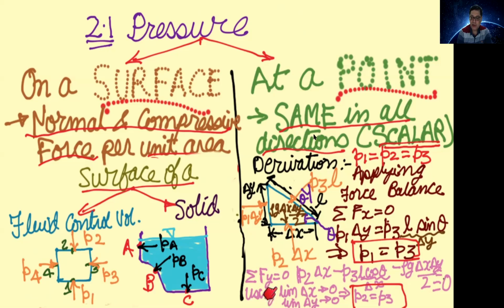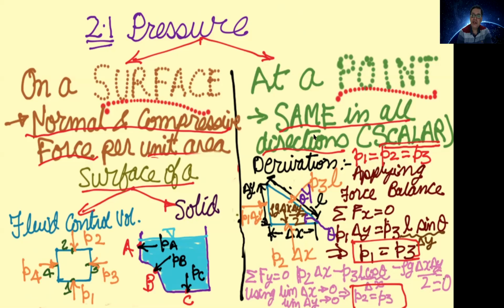Note that when you apply sigma Fy equals 0, you have to take the vertical component. So this will be P3 into L cos theta, and the gravitational force will also appear. This is the pressure vertically upward, this is downward, and this is the gravity force which acts downward. And when you apply delta x, delta y tends to 0, you get P2 is equal to P3. So using these, you have derived that these pressures are equal.